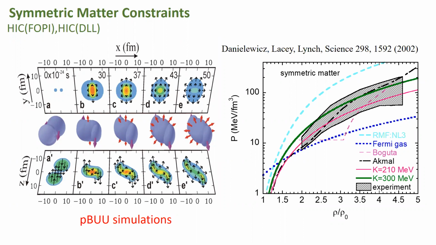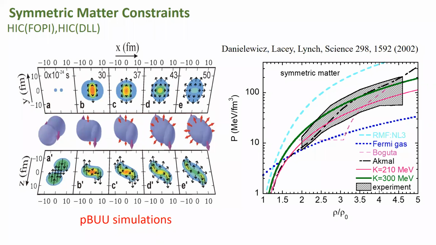Second of all, this contour has been obtained with a parametrization of the equation of state based on a Taylor expansion, which I think is not the best approach, as Betty has already suggested. It's not the best approach for symmetry energy, and it also is not the best approach for the symmetric equation of state.